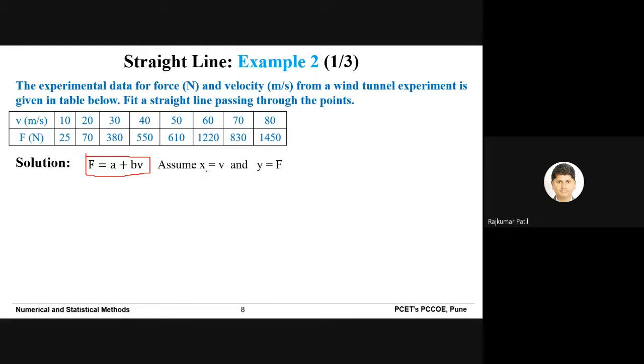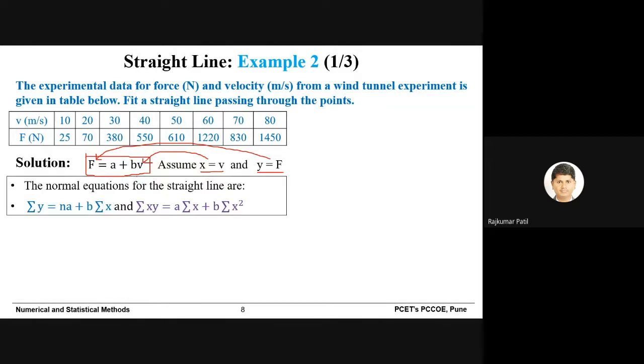So you can assume x = v and F = y. So ultimately the equation will become y = a + bx. This we are assuming for our understanding purpose.